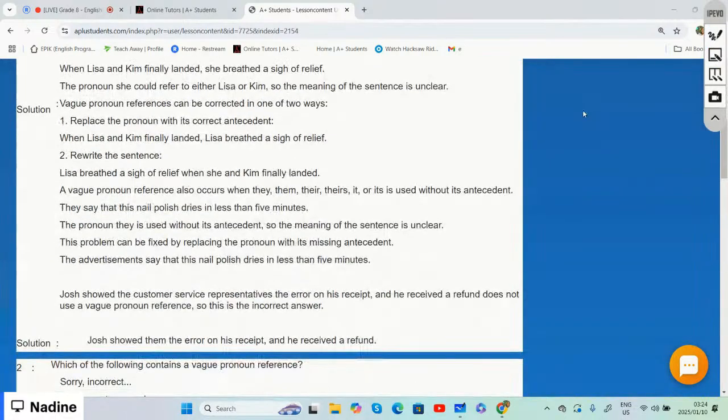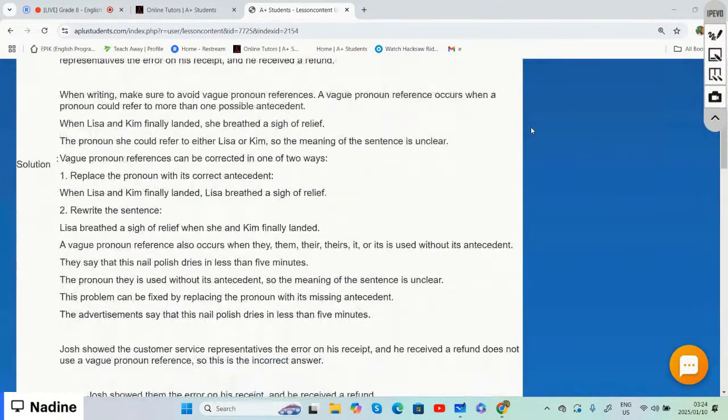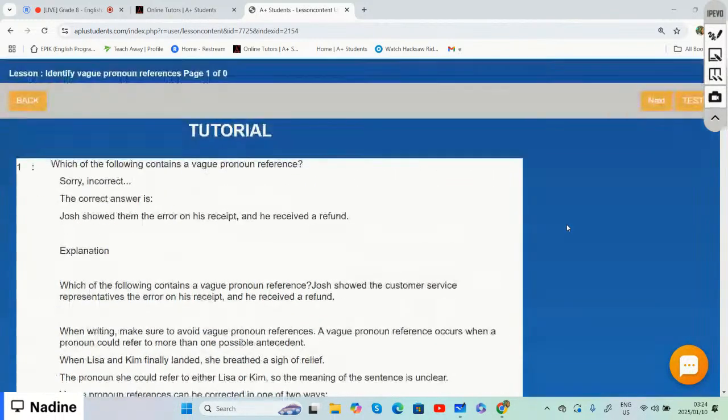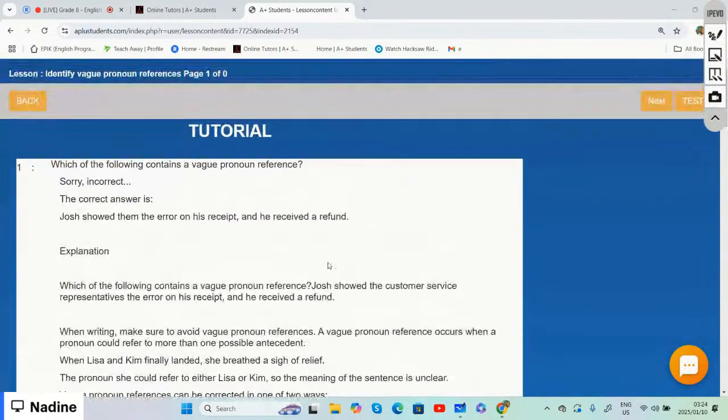So we need to say which one shows the vague pronoun reference. That is actually okay. They're only giving us one answer, so they're not giving us more than one in order for us to identify.